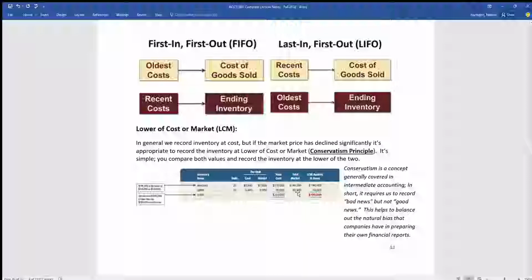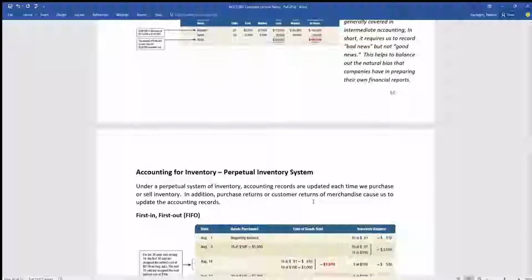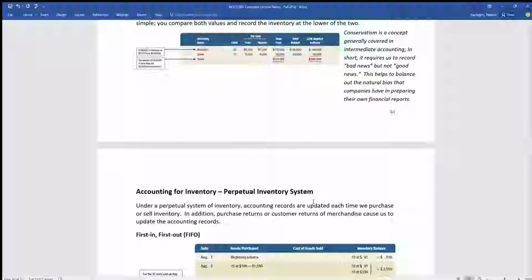We take the total market. Here, cost, market. Cost is a little bit lower. We take the lower cost. Again, we're more conservative. It's best to be conservative than not. But we usually don't do this until like end of the year if we want to adjust our inventory to the cost. And again, once we adjust that, that will affect our cost of goods sold.